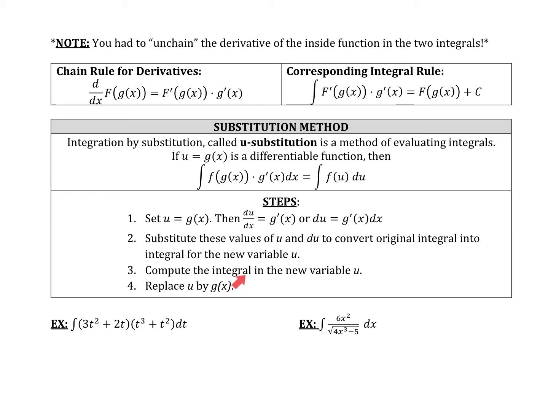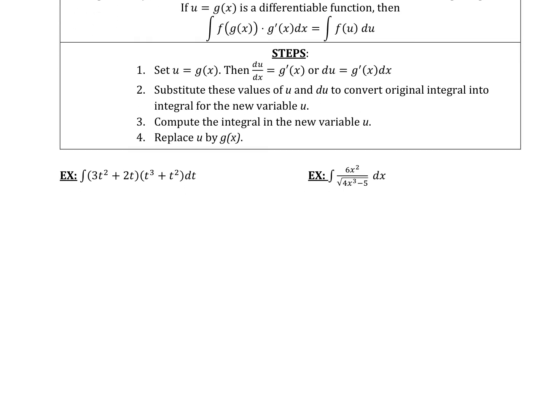Then we're going to integrate with respect to that new variable u. And then in the end, since we're doing indefinite integrals, we are going to replace that value back with g of x.